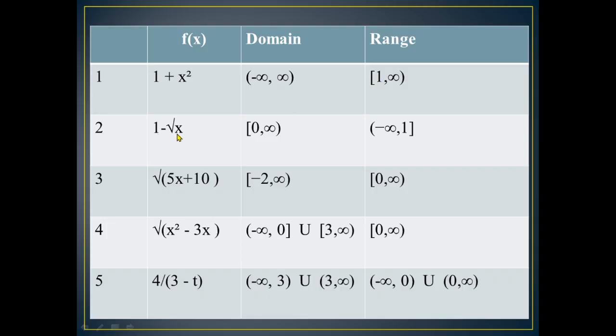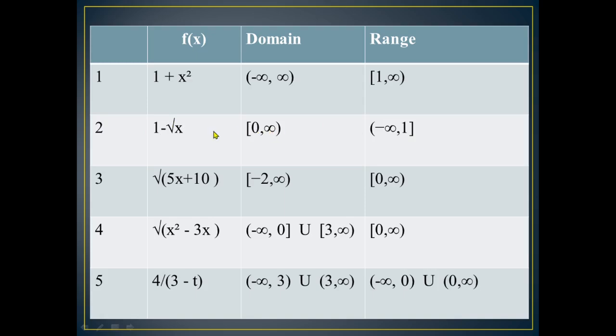1 minus root of x, such that x should be greater than or equal to 0. So the domain is 0 to infinity including 0, and when x is 0 to infinity, the value can be minus infinity to 1.